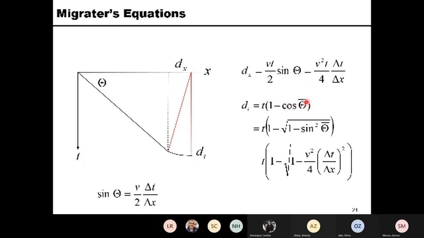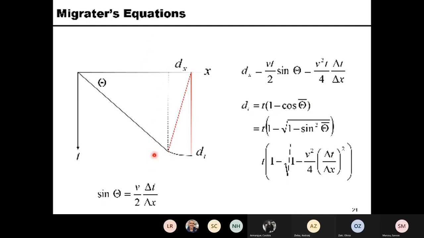Mathematically, you know that in high school, cosine theta equals the square root of 1 minus sine theta squared. Because you know the sine theta here, you just replace the sine theta here. You end up with this formula, right? It looks complicated, but actually it's straightforward. Delta t equals t minus this segment. X is this one, delta t is this one.